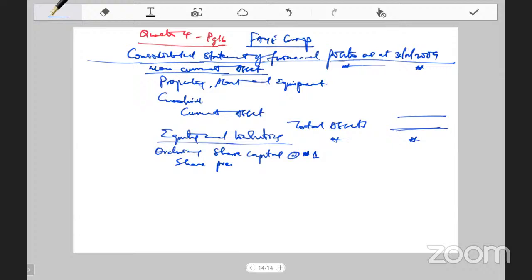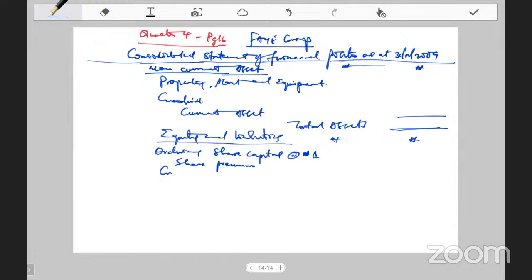Share capital. Now somebody will say, where am I getting all these figures from? Please, these are all figures that I'm getting from the question, that means the template. So I have share premium.